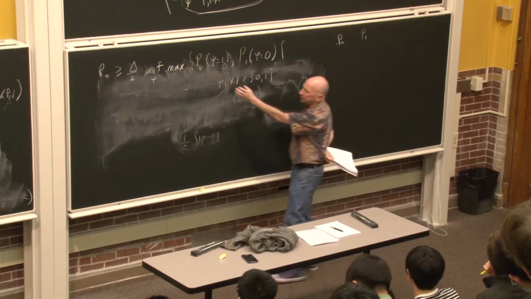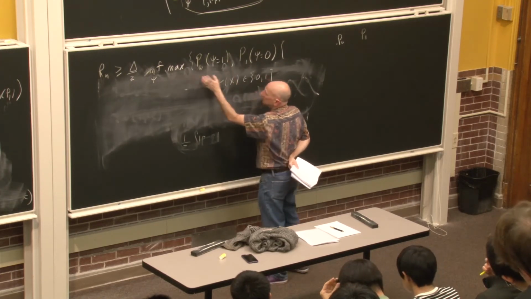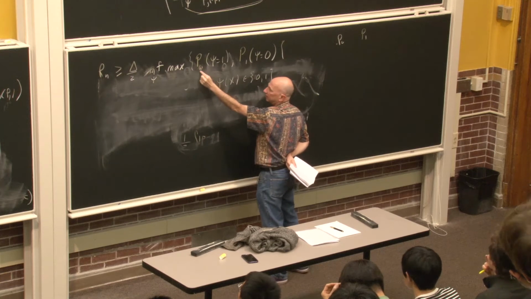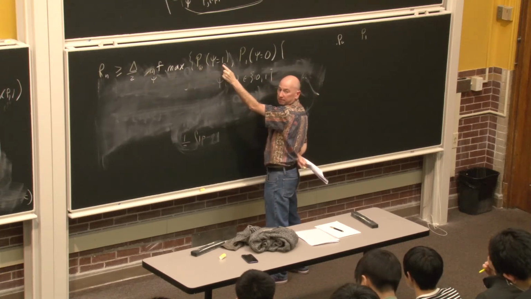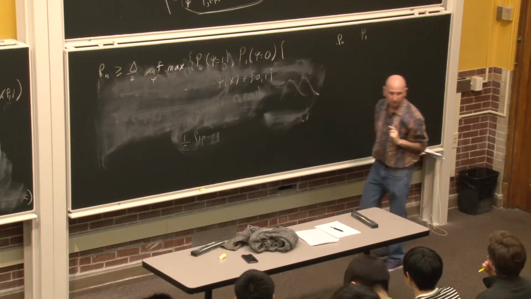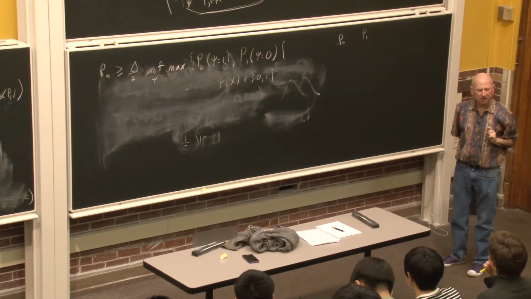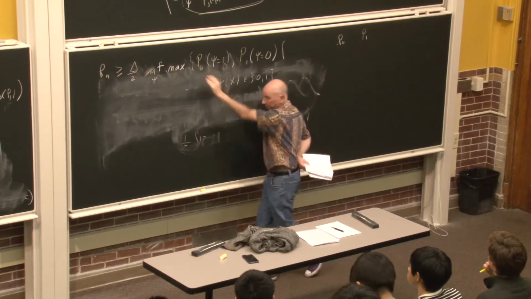And what we're interested in is the maximum probability of a mistake. If P0 generated the data, it would be a mistake to say psi equals 1. Whereas if P1 generated the data, a mistake is psi equals 0. I just want to compute that maximum error. In fact, let's just compute this for a particular psi.